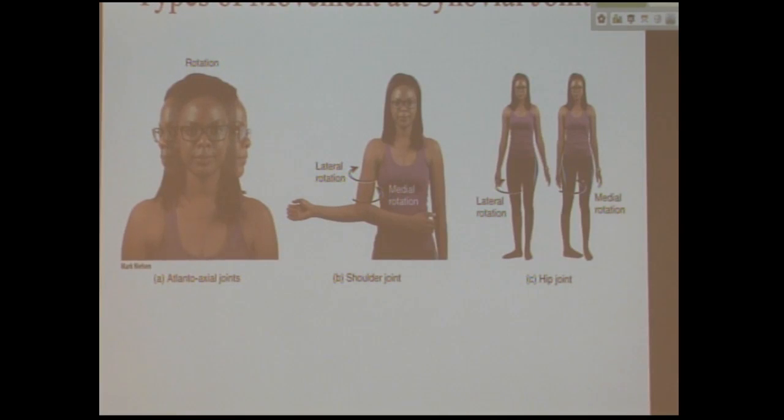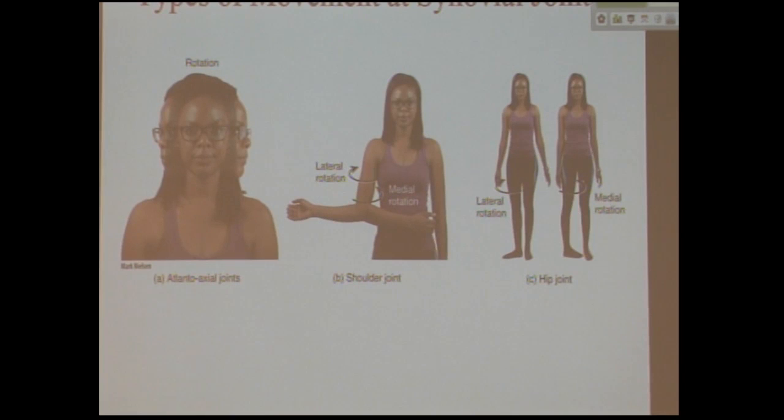Right. And the second one, this one's a little more confusing. So these are our lateral and medial rotation. So if you're moving something away from the body, that's lateral, like away from the midline. And if you're coming back, that's medial. Lateral rotation, medial rotation. You could do the same thing at your hip, right?